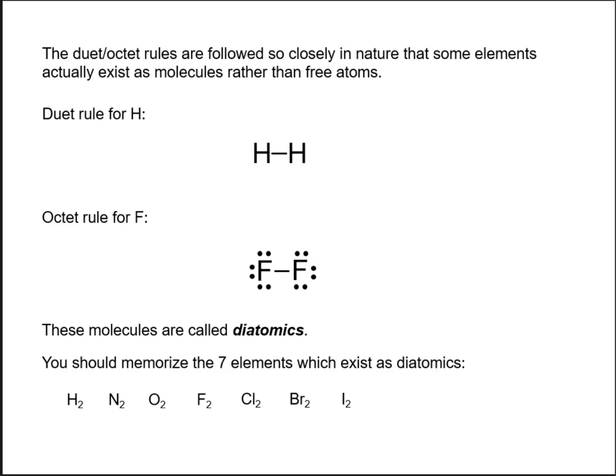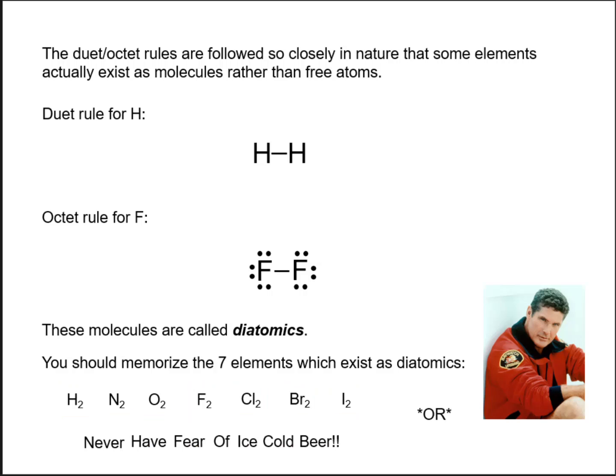Now for hydrogen, we have the duet rule, and for the rest of these, we have the octet rule to make them diatomic.